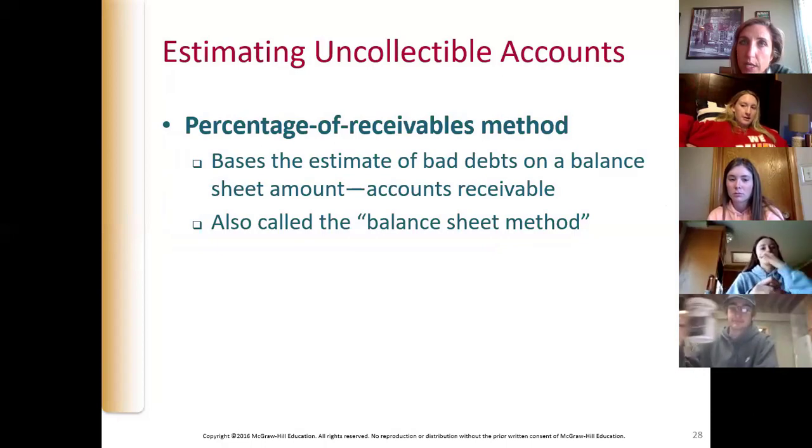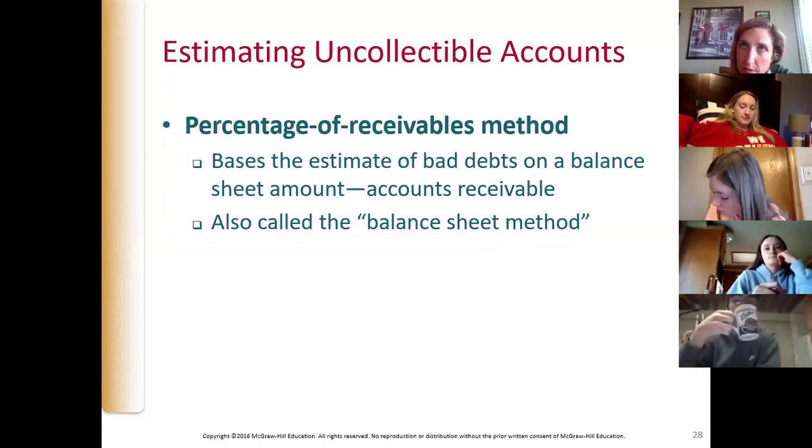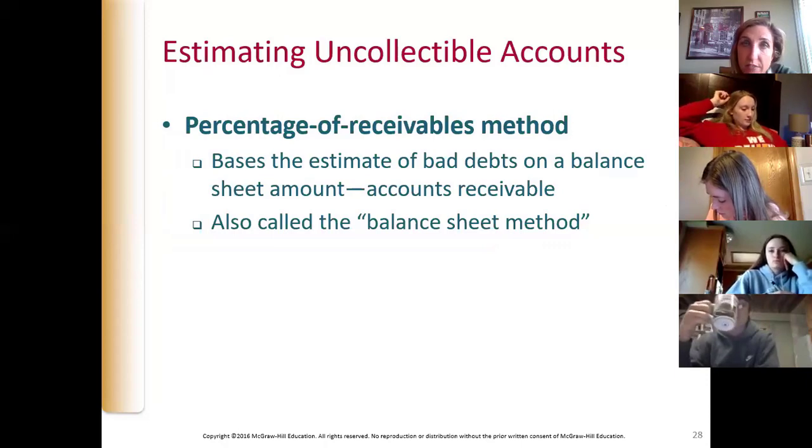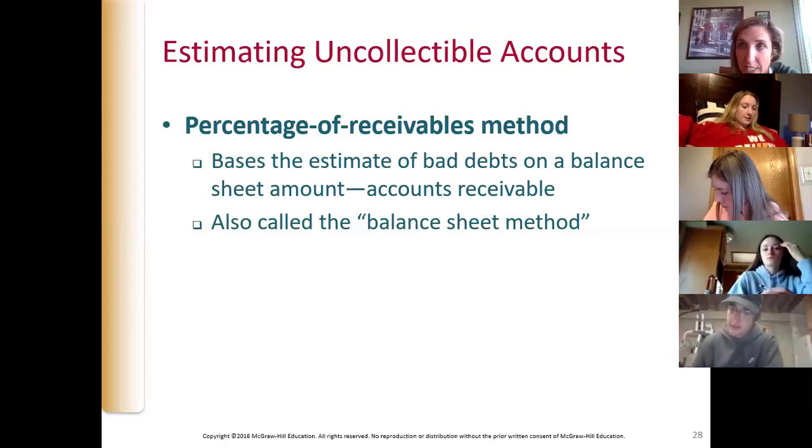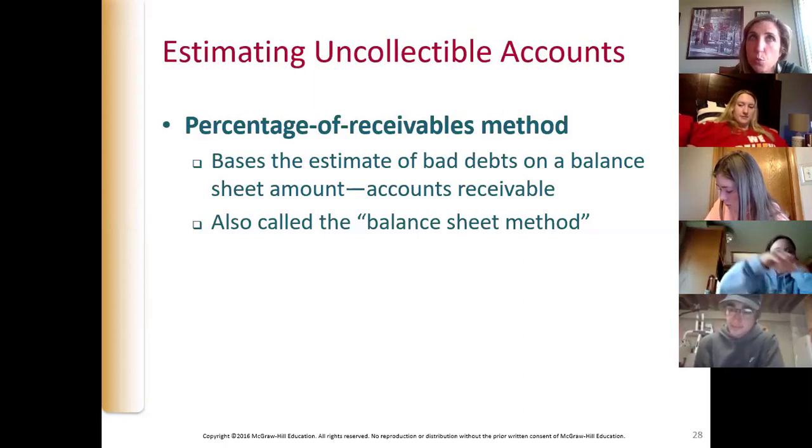So if your accounts receivable balance is $100,000 and your company thinks they are not going to collect 5%, you just got to multiply 5% by 100,000 to find out. Now this is key. This is really important. To find out how much you want the balance to be in the allowance account. So let me say that one more time, and then we'll work on a problem.